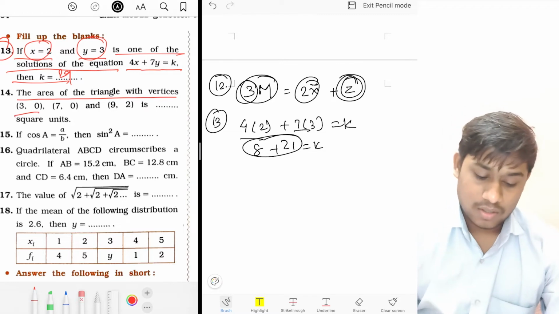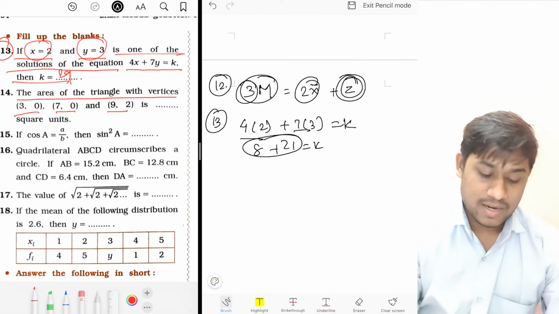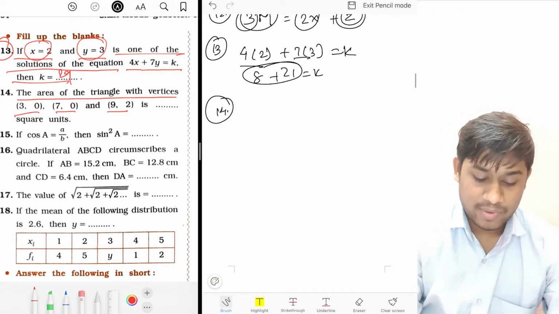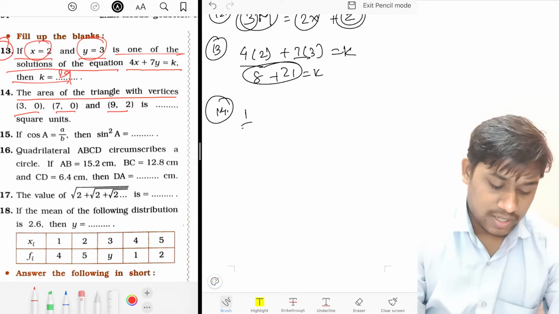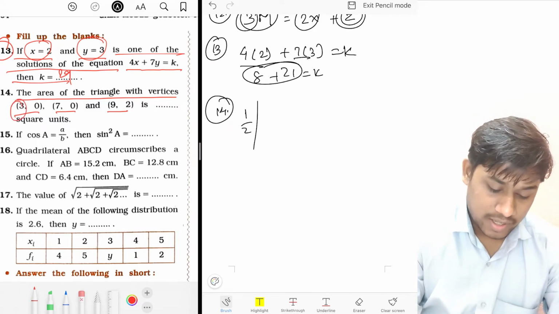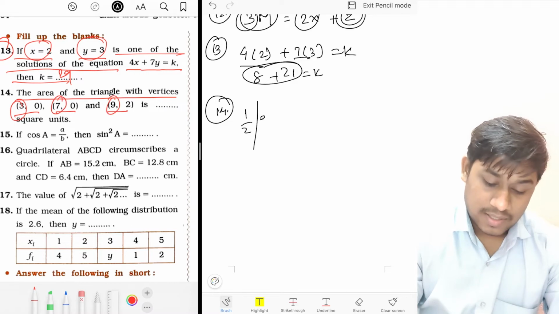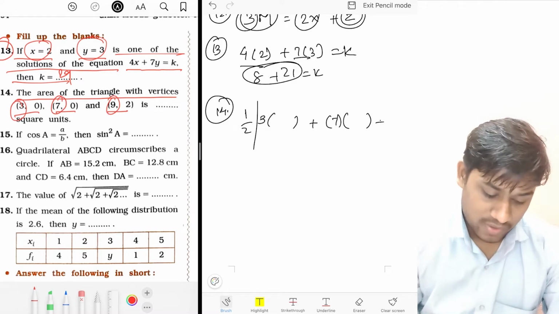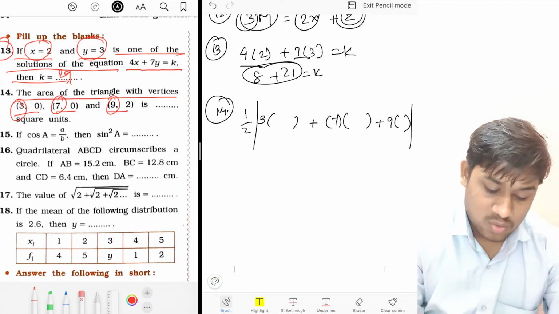Yes. The area of the triangle with the vertices is (3, 0), (7, 0) and (9, 2). Now in question number 14, directly we will apply the formula. Do you remember? I am writing x1, x2, x3, okay? 3, 7, 9, right?